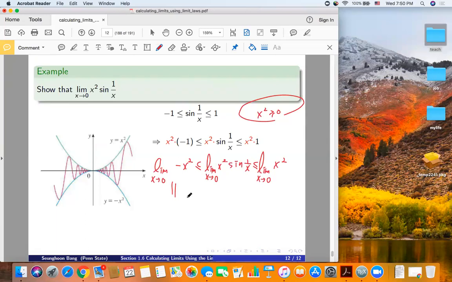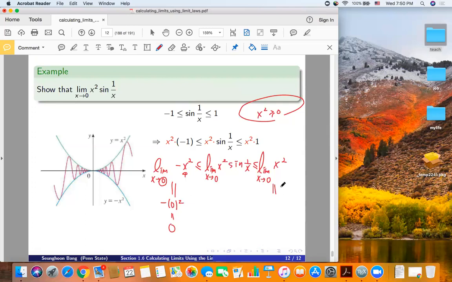Do you know how to solve this one? The minus x squared is a polynomial. We can use the direct substitution property. You plug 0 into x, the negative 0 squared, exactly 0.